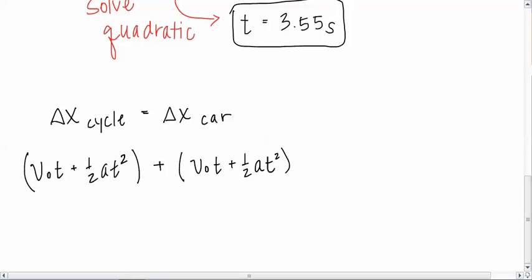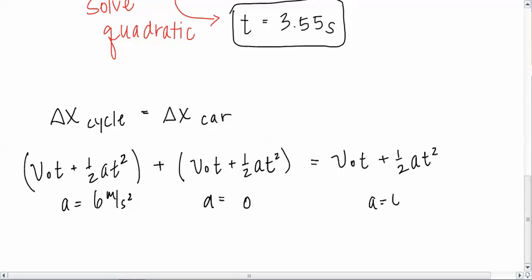So this is when a is equal to 6 meters per second squared for the cycle, and this is when a is equal to 0 for the cycle. And that would have to equal the area under the graph, or the change in position for the car, which would be v naught t plus 1/2 at squared, and this acceleration was given as 6.